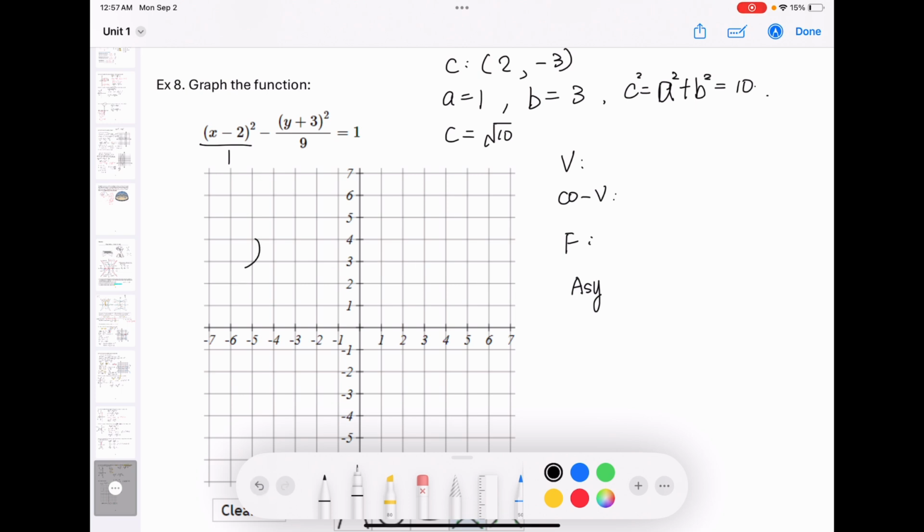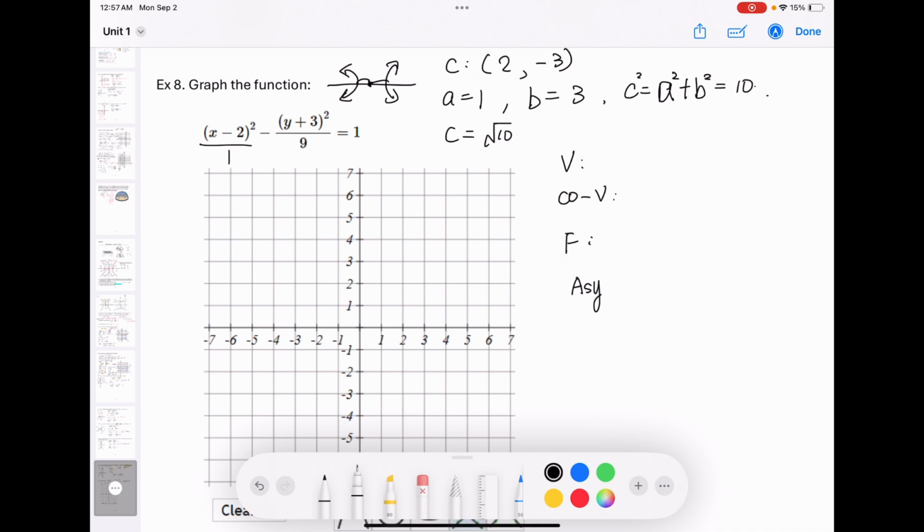I need to have my graph like this. So the transverse axis goes through this hyperbola like this. Okay, maybe we can put the sketch here. So first, we found our center. And if we have the center, we move to the left and to the right a unit, we can find the vertices.